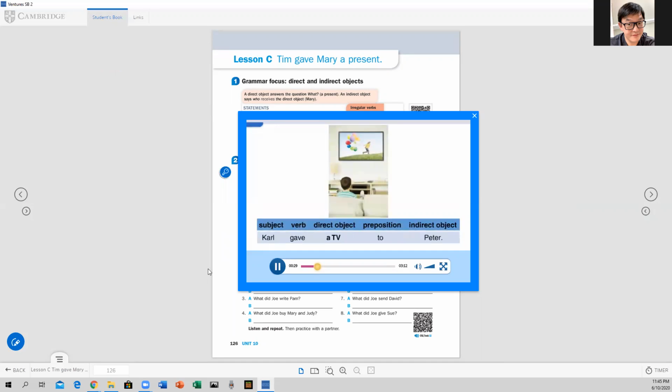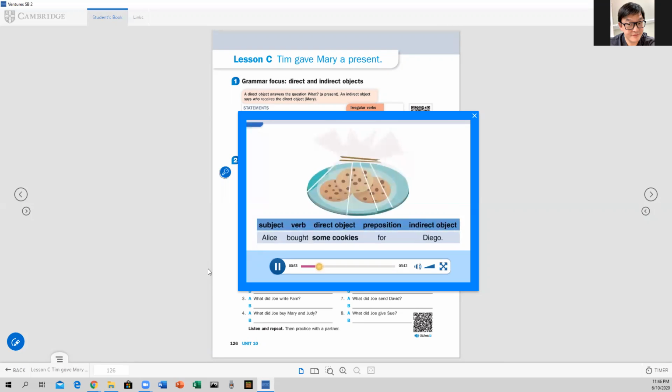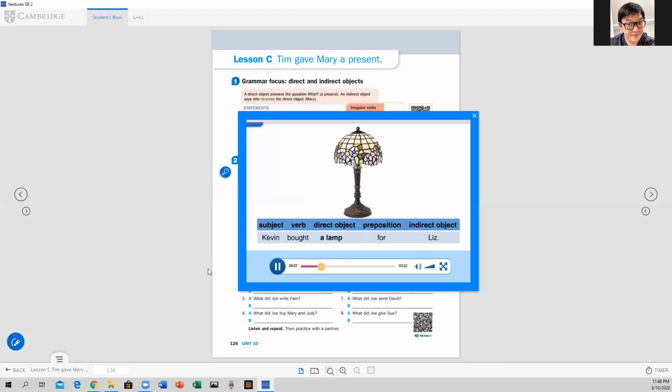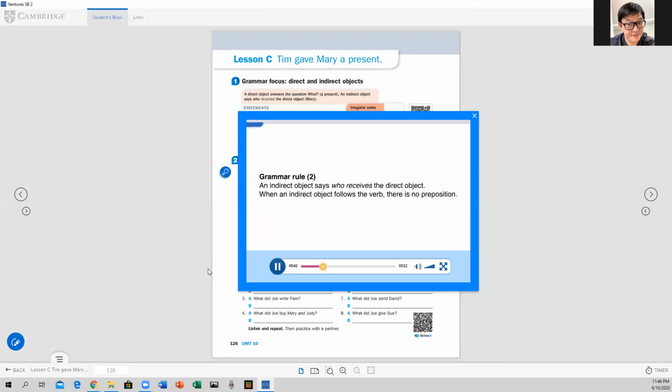Carl gave a TV to Peter. Alice bought some cookies for Diego. Kevin bought a lamp for Liz. Grammar Rule 2. An indirect object says who receives the direct object. When an indirect object follows the verb, there is no preposition.